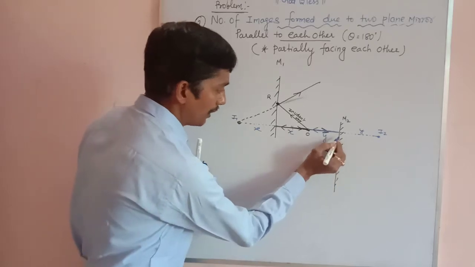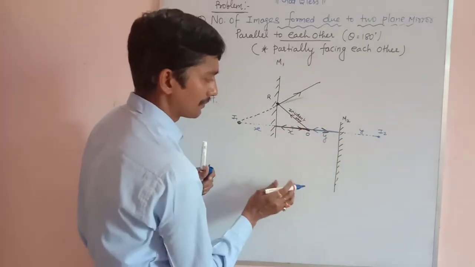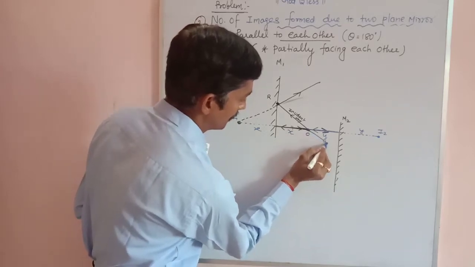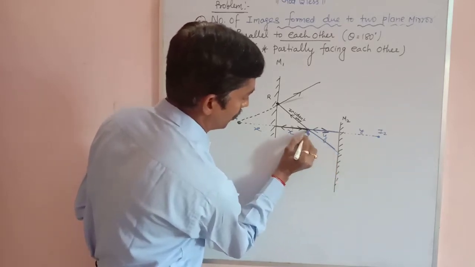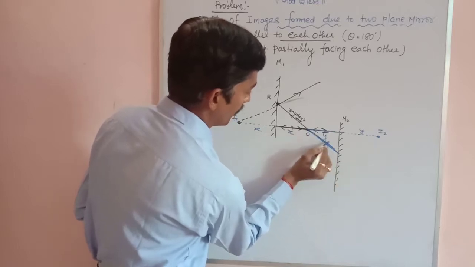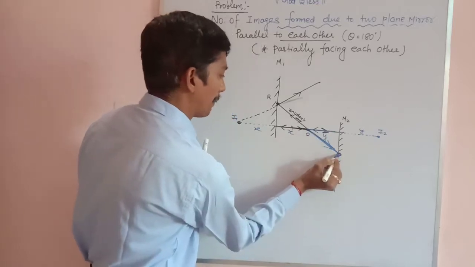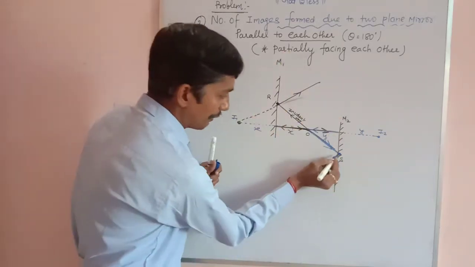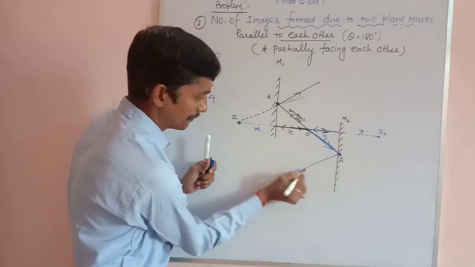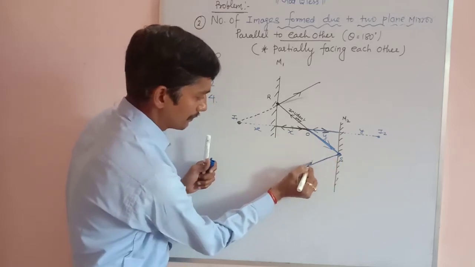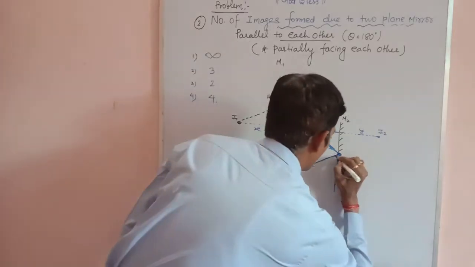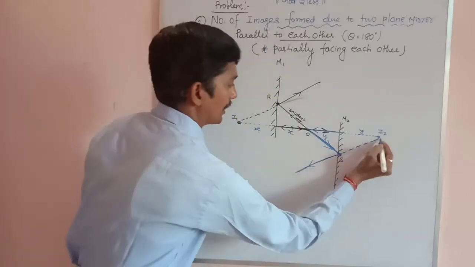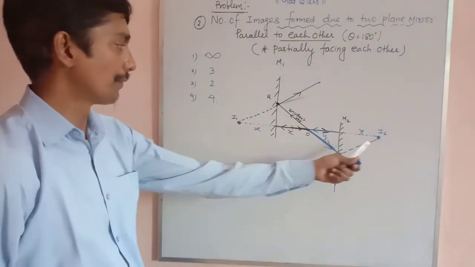Similarly, I have drawn another ray from the point object O, which is incident at say point S on the mirror M2, which reflects here and meets at I2. You can see, right?